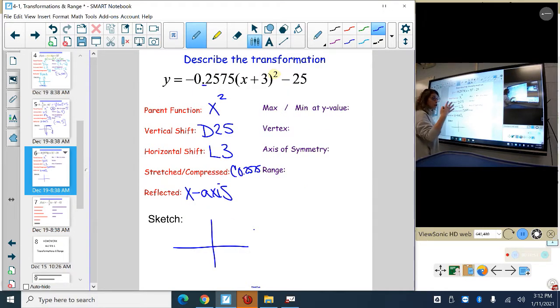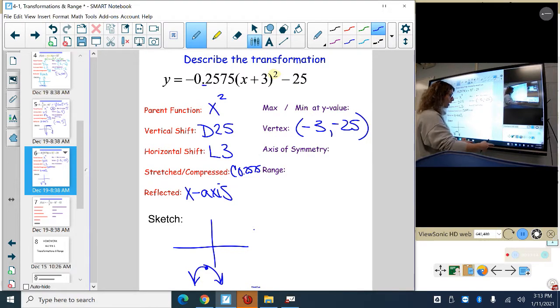And I'm going to first look and graph the vertex. The vertex left is negative 3, down is negative 25. So I'm at (negative 3, negative 25), all the way down there. Okay, well, this thing, I'm now going to look at my reflection. My reflection says it's reflected over the x-axis, which means this thing is opening down like a horseshoe.